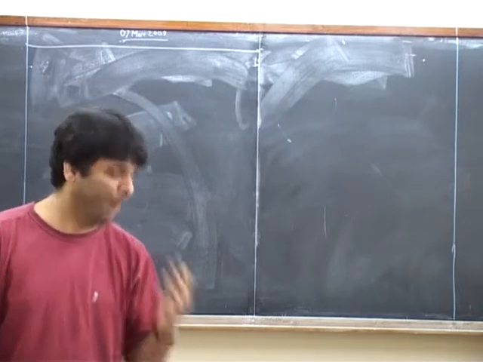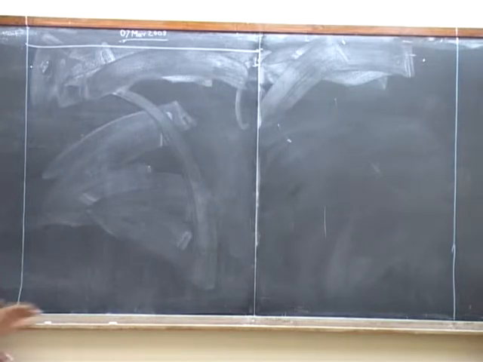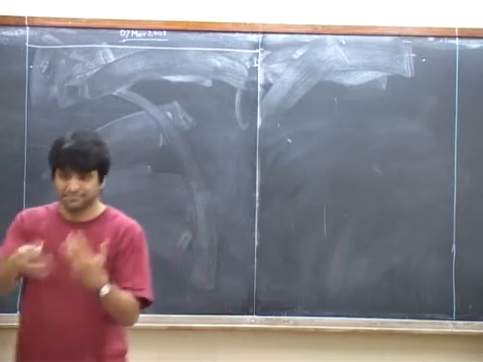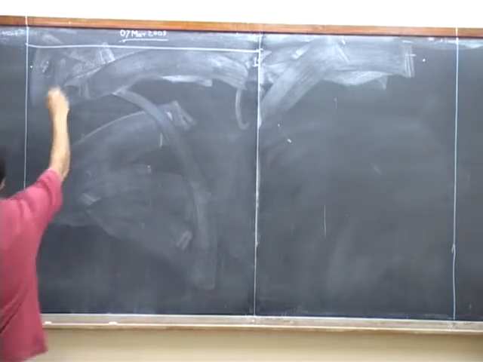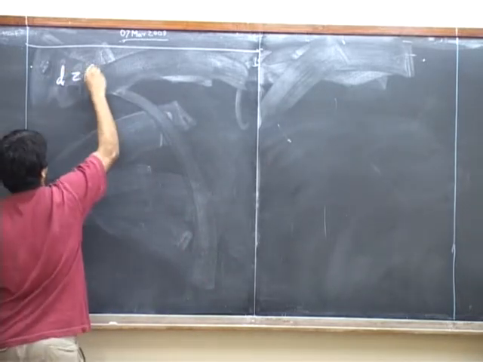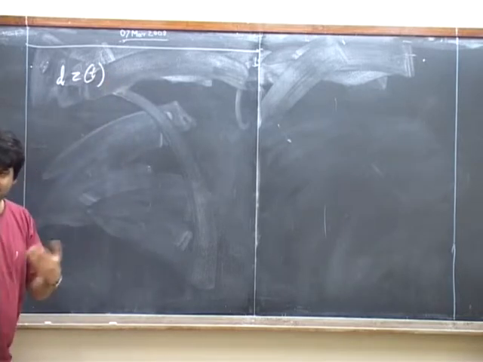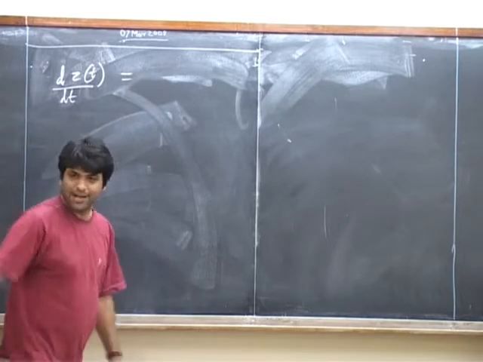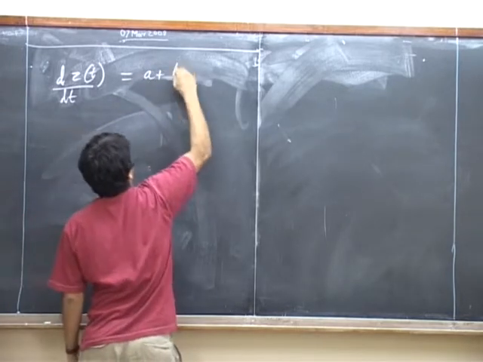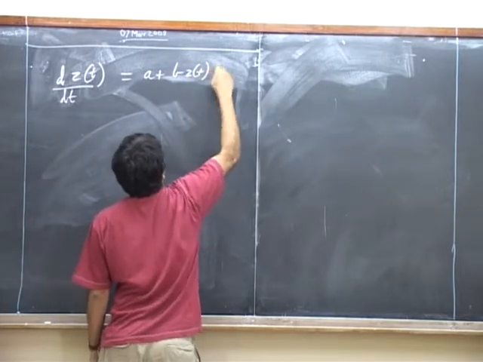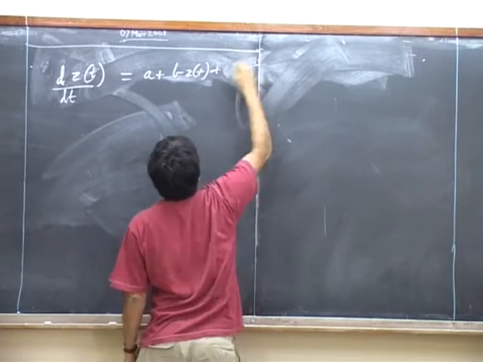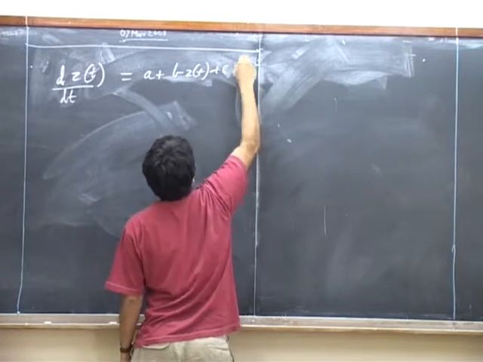Three: 1, z, and z squared. So infinitesimally, suppose we wanted to redefine a coordinate z as a function of some parameter t. The change in z with respect to t is infinitesimally given by a plus b z(t) plus c z squared.